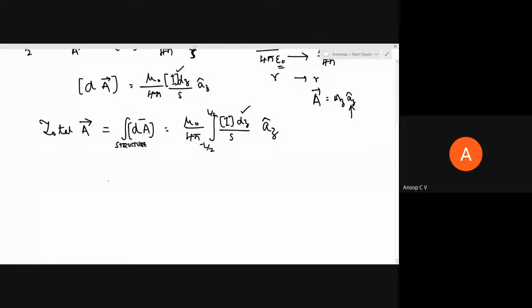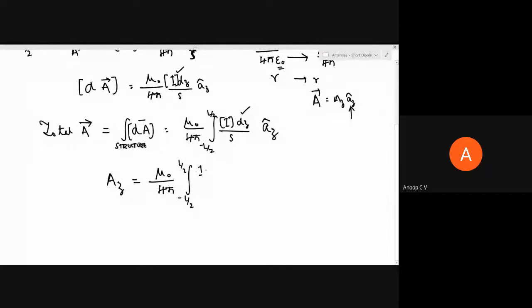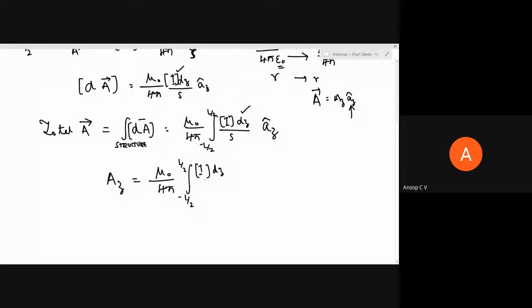So I can write Az is equal to mu naught by 4 pi, integral from minus L by 2 to L by 2 of I dz divided by S. This is the vector magnetic potential.